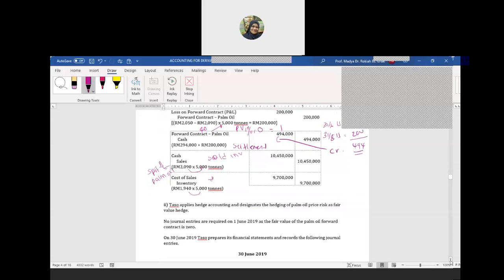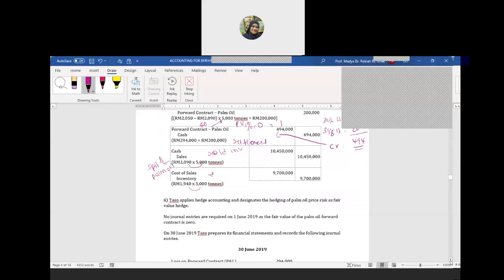The second example here has the same information, but this time we apply the hedging accounting. When we apply the hedging accounting, on every date we need to account for the changes in the value of each item and also the changes in the value of each instrument.